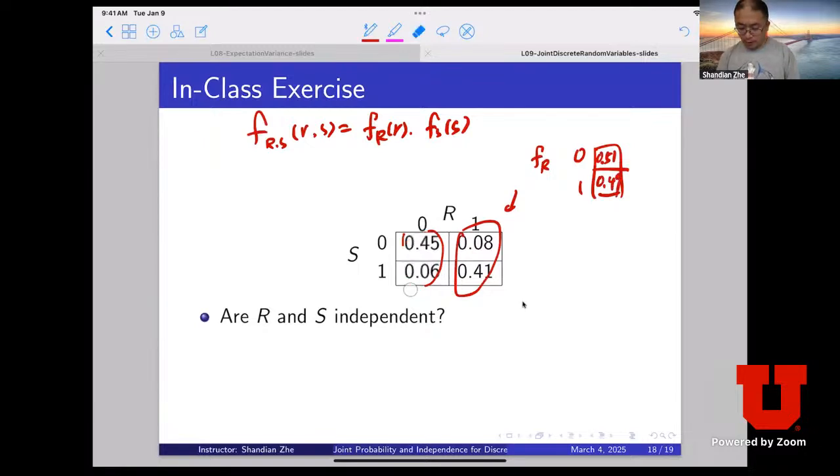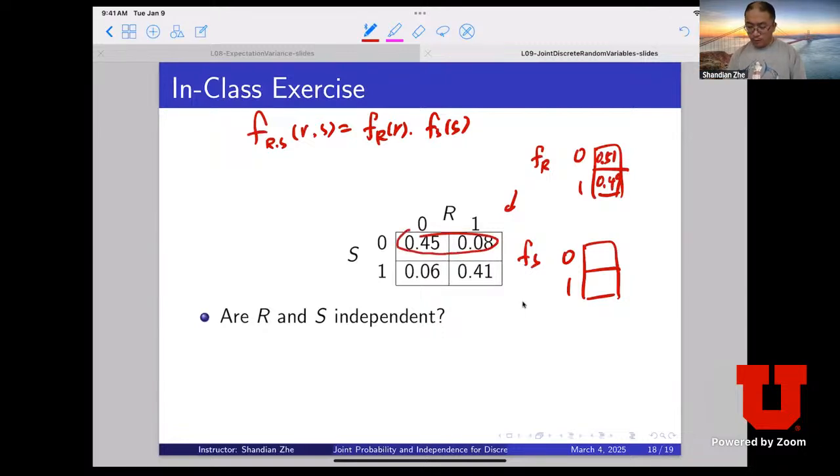And what is the marginal density for S? You just need to add columns, right? So for S equals 0, you sum over the first row, which is 0.53, and the second one 0.47, right?